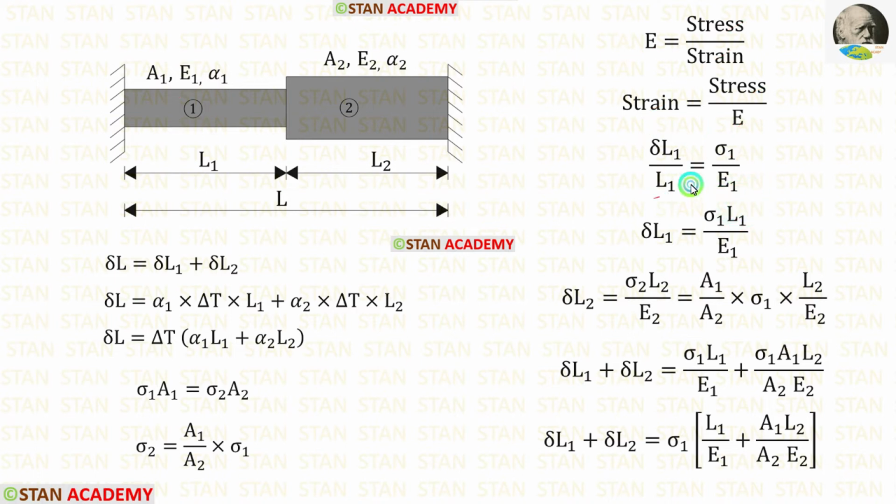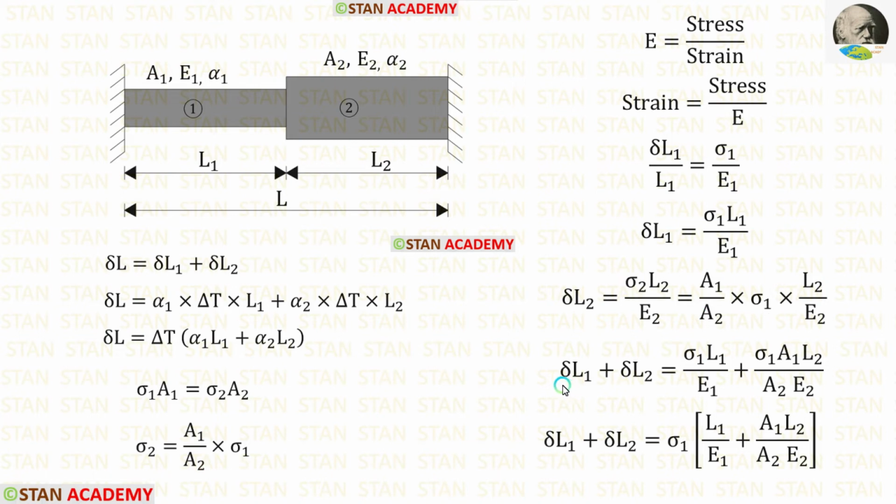Let us take L1 on the right side. So for delta L1, we will get sigma 1 L1 upon E1. In a similar way, for delta L2, we will get sigma 2 L2 upon E2. For sigma 2, we can apply A1 upon A2 into sigma 1.